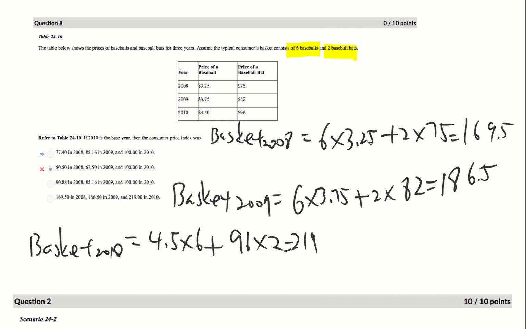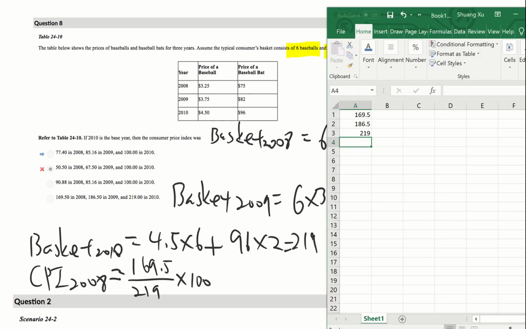All right, so CPI for 2008 equals 169.5 over 219 times 100, because the base year is 2010 now. So it's your 08 basket value over the 2010 basket value times 100.